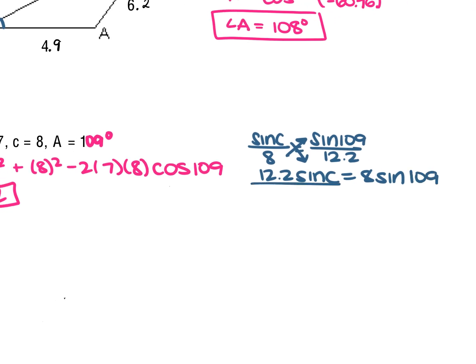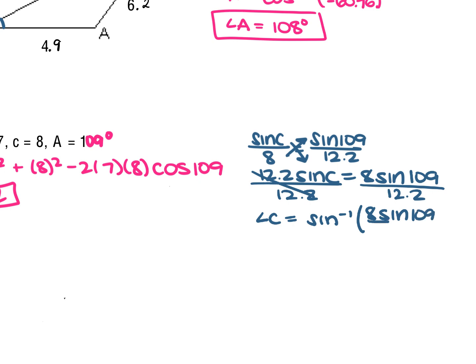From here, we're going to divide each side by the 12.2. And then we're going to find angle C by doing the inverse sine of 8 sine 109 over 12.2. So we're going to use our calculator. 8 sine 109 over 12.2 gives us 38 degrees.